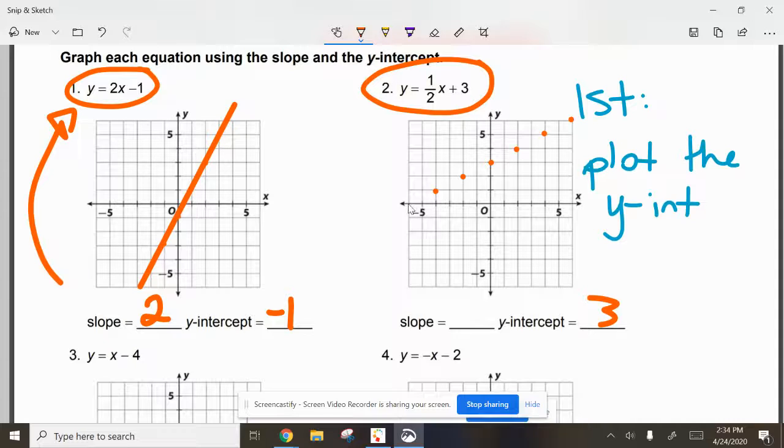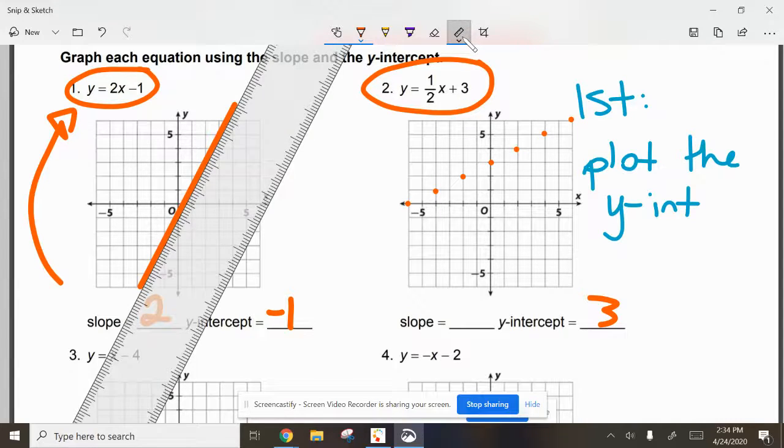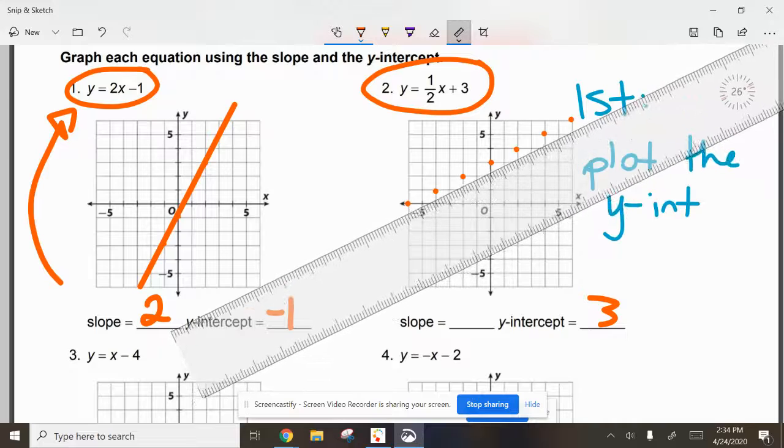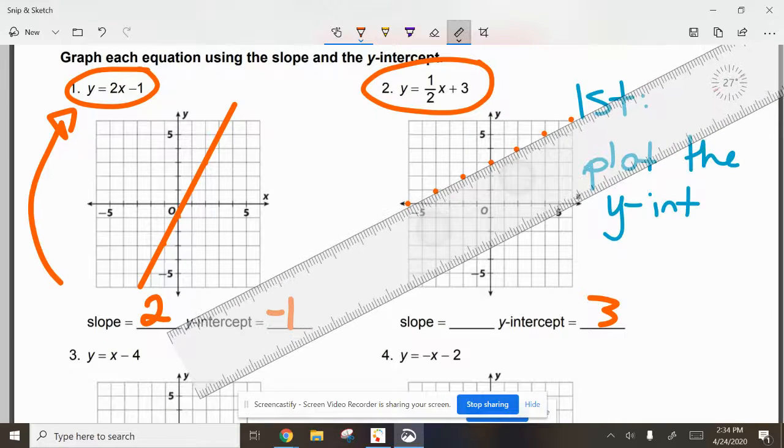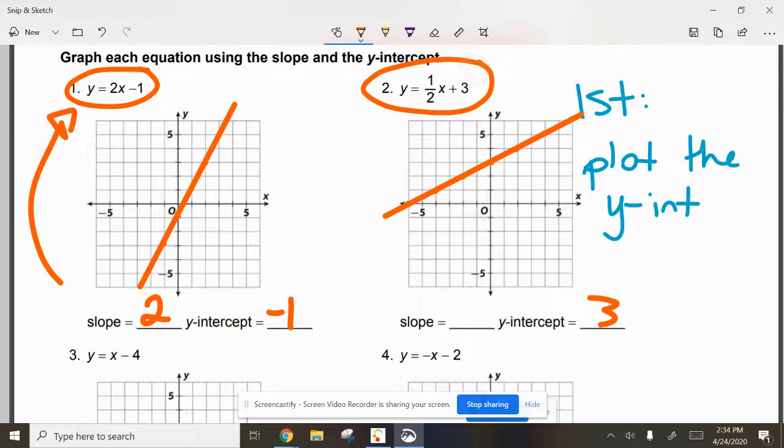Fall 1, go to the left 2. Okay? Same idea. I can do both of those. All right. So then I'm going to go ahead and put this here, and then draw my line perfectly through it. All right. So those are your 2 slope-intercept form lines that we drew.